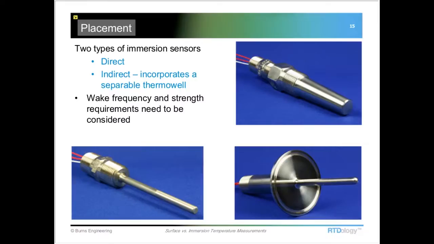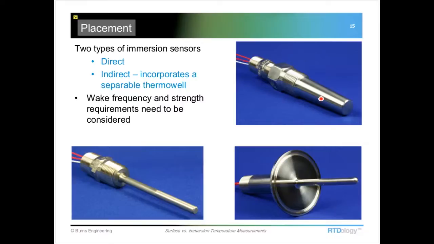So moving along to the immersion style sensors and how they compare. When we look at these, we have what we call a direct immersion, which would be a sensor where the sensing element is potted right into a metal thermal well of some kind. And then there's the indirect version where we have a separable thermal well and a sensor that you can take in and out of it.